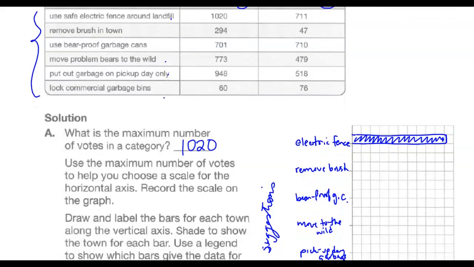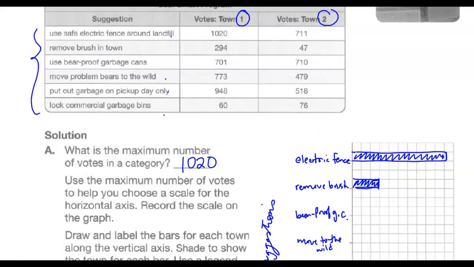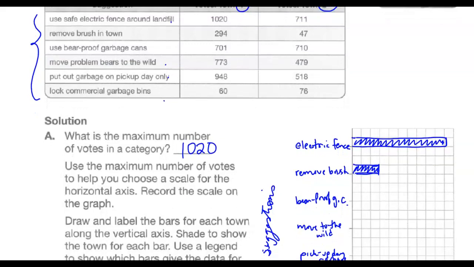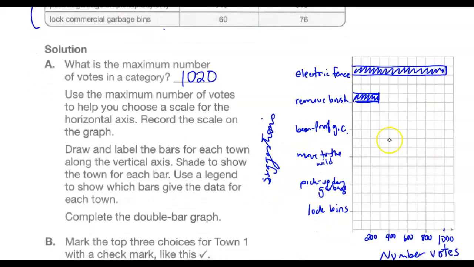Remove brush in town, 294. So that's almost 300. So just a little less than 300. Okay. Use bear-proof garbage cans, 701. So just a little bit more than 700.